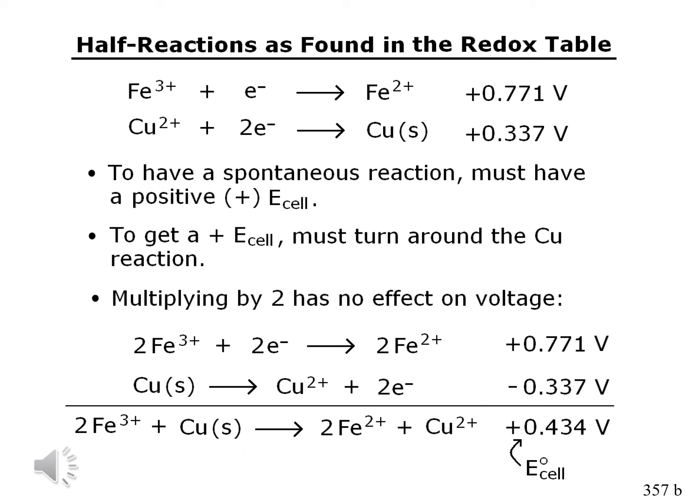And so you know that that's going to be the voltage that the potentiometer in the circuit shows. The question is, which way do the electrons go? In order to know that, you have to remember that the electrons on the right are being lost. And so since the copper is the one that has the electrons on the right, the copper is the electrode that's going to lose electrons, so the electrons are going to come out of the copper and into the lead.